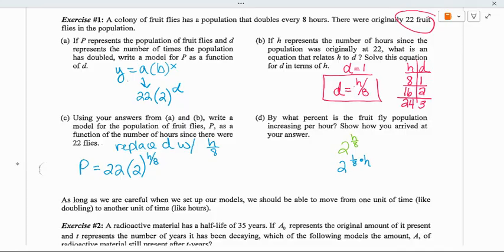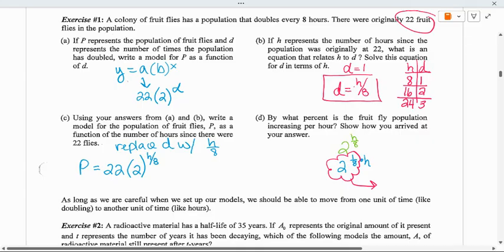So let's figure out what 2 to the 1/8 power is. That's going to give us our percentage. What is 2 to the 1/8 power? So 2 caret 1 divided by 8. What did you get? That's what I got, 1.0905.